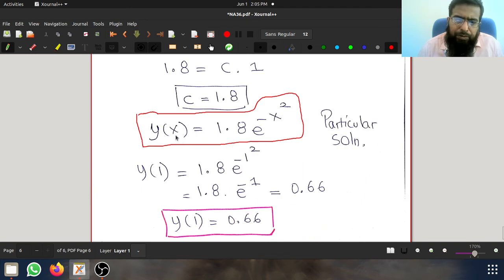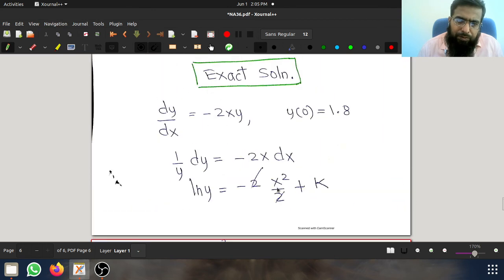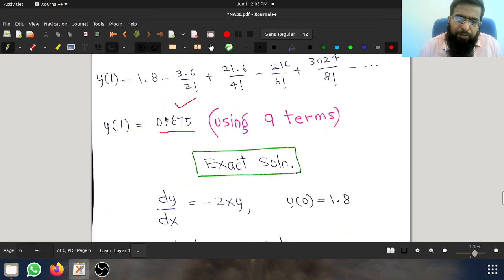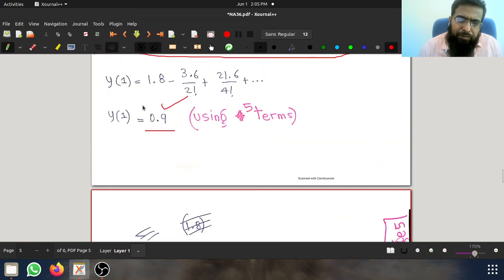So once we evaluate this y at x equal to 1, the answer is 0.666, which is the exact answer. And we see that using the Taylor series method, we reach a very close value, 0.675, very close to 0.666, the exact answer, if we use 9 terms. But if we use 5 terms, the answer is very different from the exact answer.